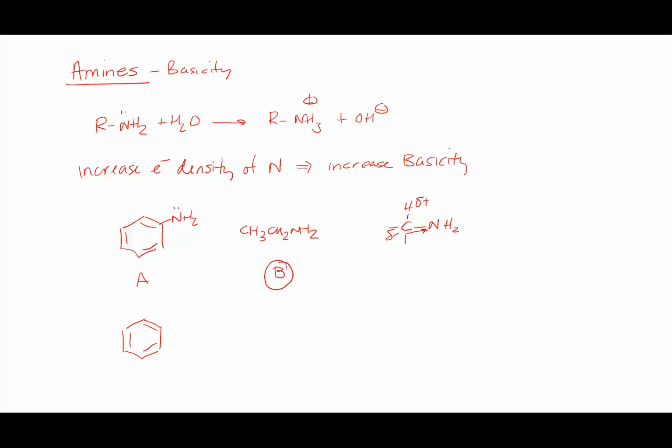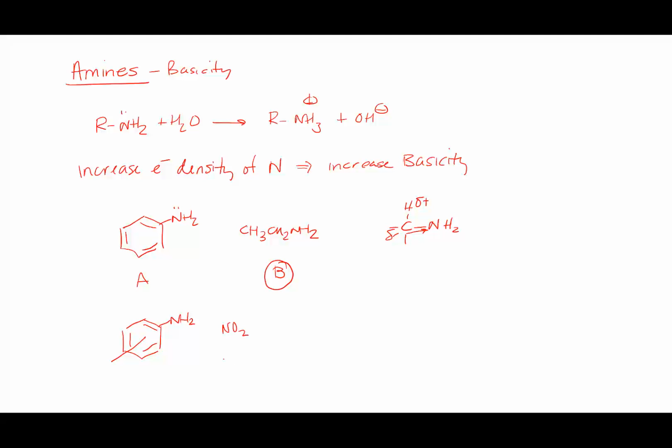So then, again, rule: increase nitrogen's electron density, increase its basicity. What type of group should I add to this benzene ring to make nitrogen more basic? Let me give you some specific groups.